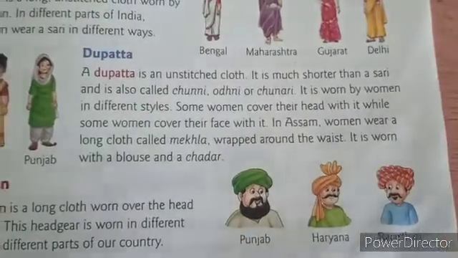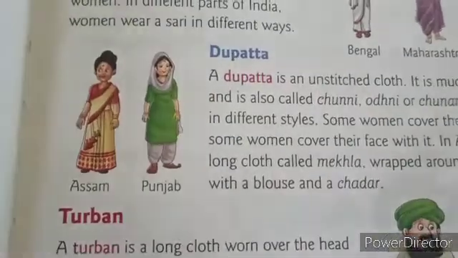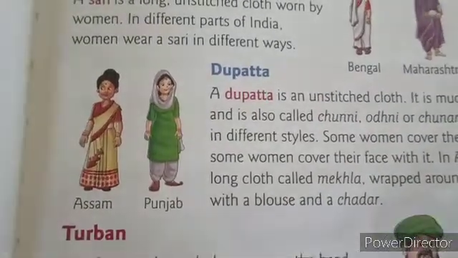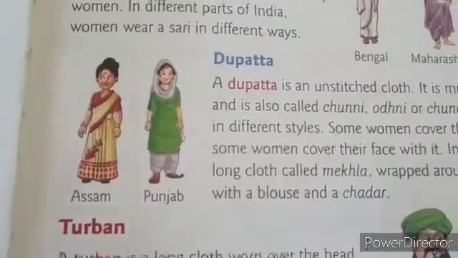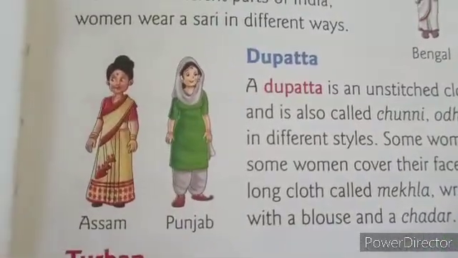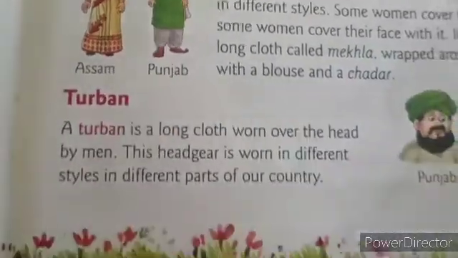It is worn by women in different styles. You can see the styles also given. Suppose in Assam with mekhla, they wear such a kind of thing, that is called here chadar. In Punjab, the women use dupatta in this manner.